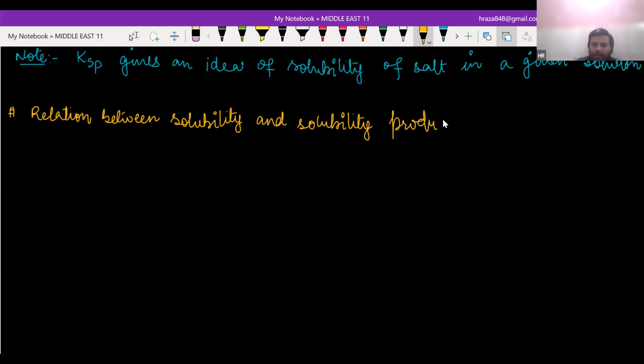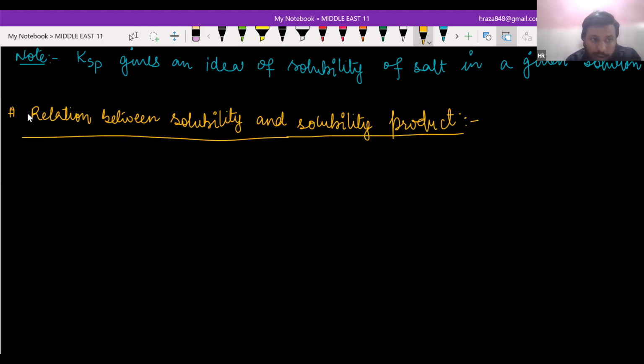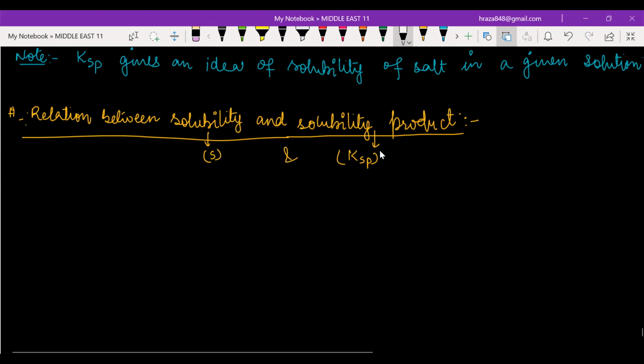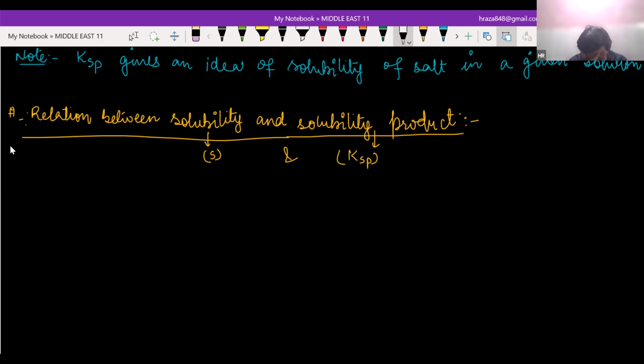Always remember that solubility is expressed in terms of molarity, like we did for Kc. Kc is in terms of molarity, right? So we have to find a relation between solubility, which will be represented by S, and solubility product, which is represented by Ksp, right? Now, is everyone done with the topic?